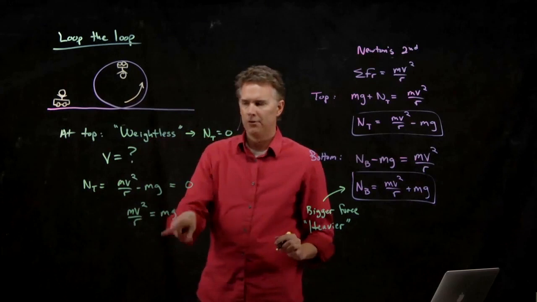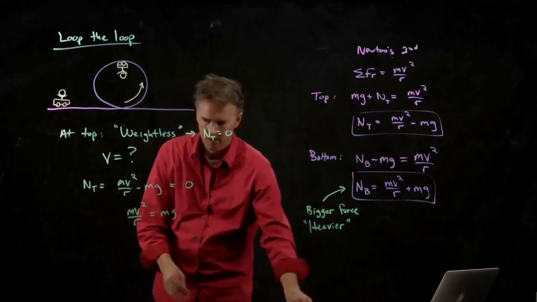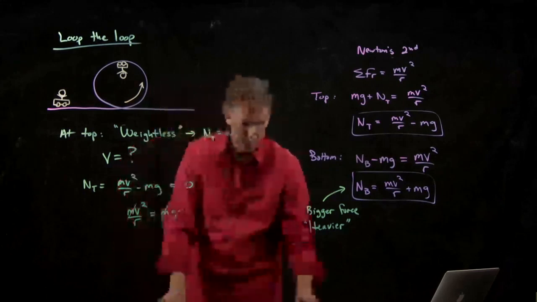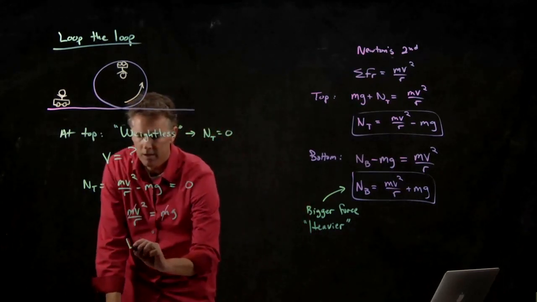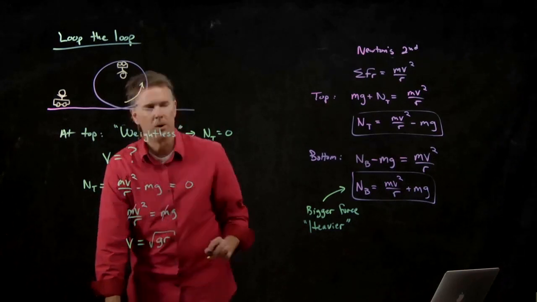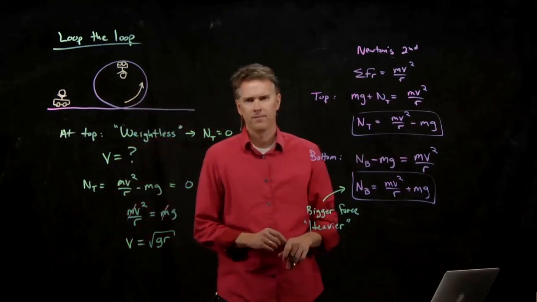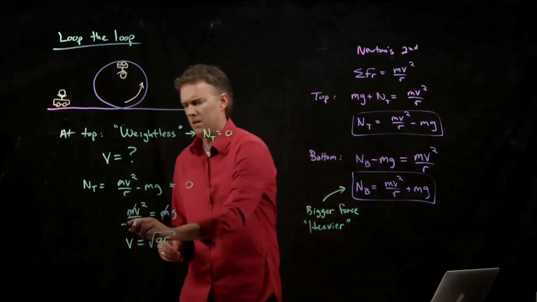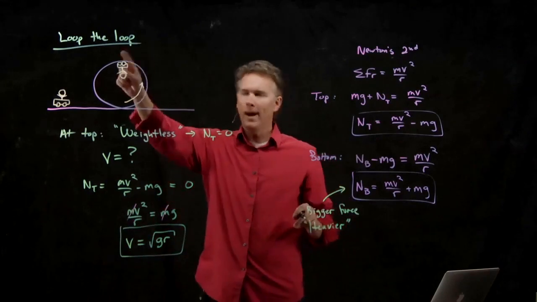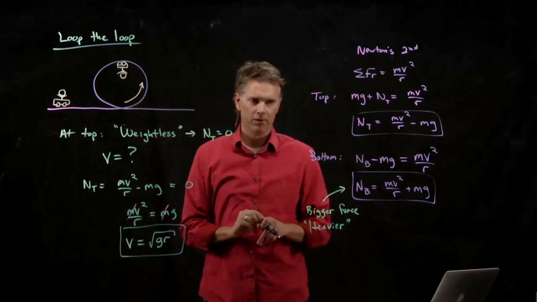The m cancels out on both sides. And I can solve for v very quickly. v equals the square root of g times r. This is the speed at which you feel weightless at the top of the roller coaster.